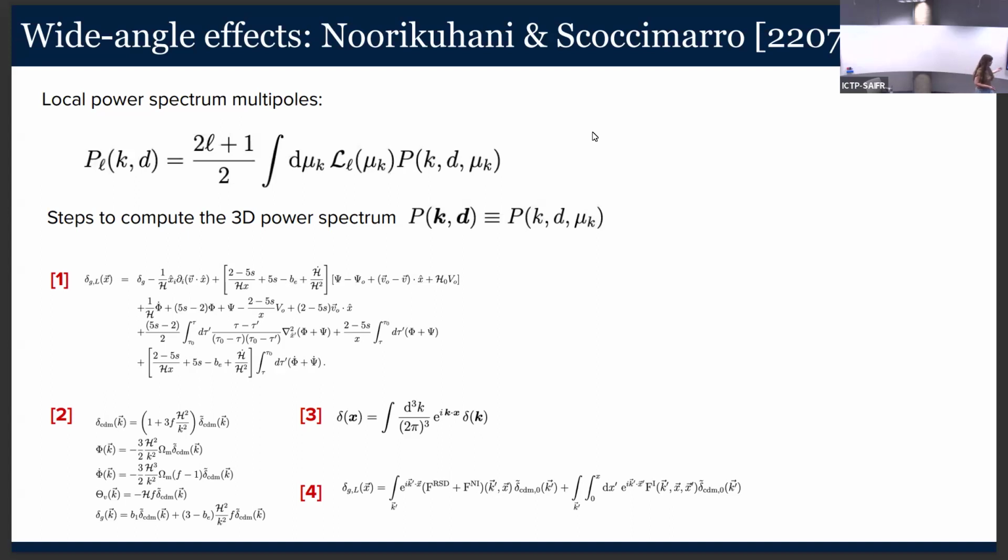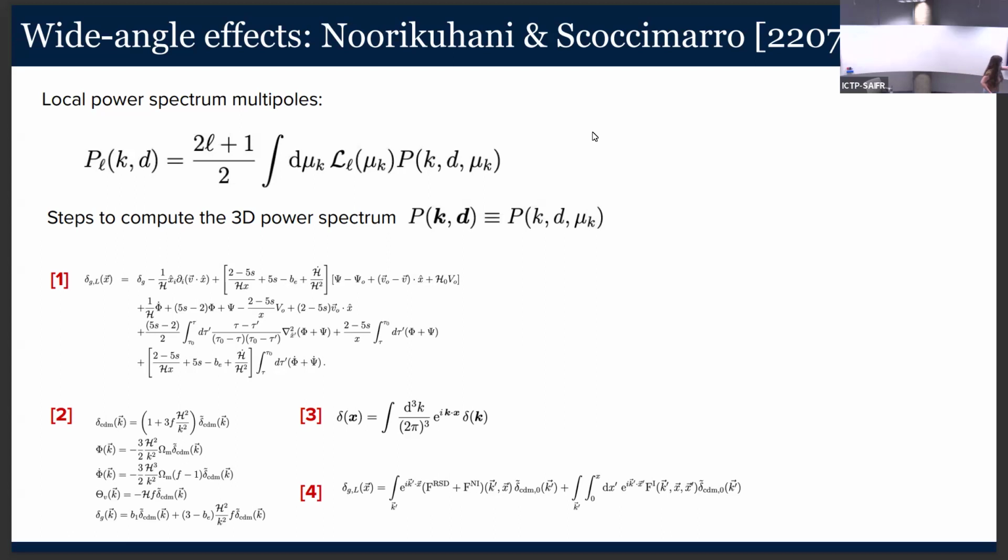With the kernels you have computed, you can use, for example, your linear approximation, and then obtain your standard Kaiser term.